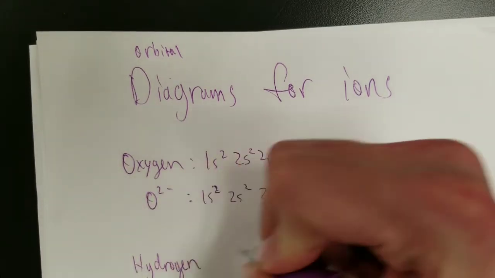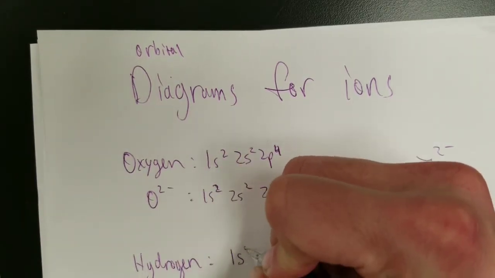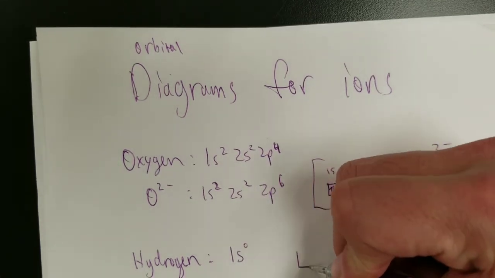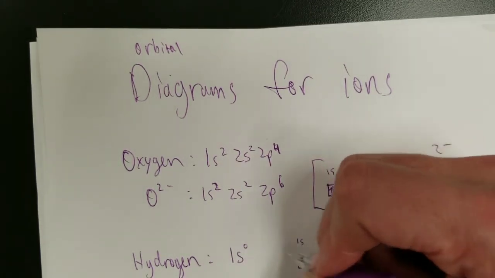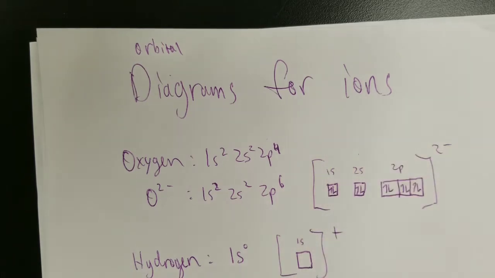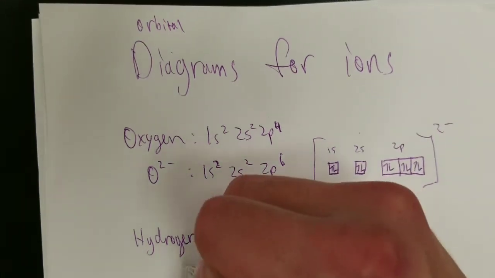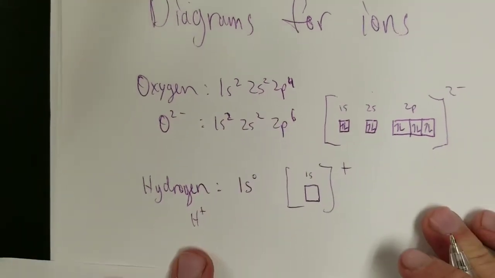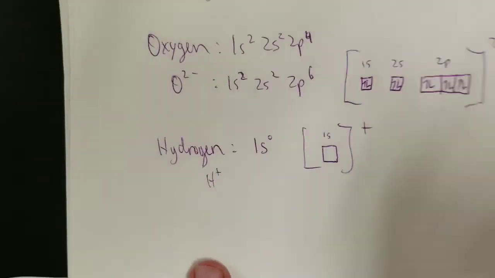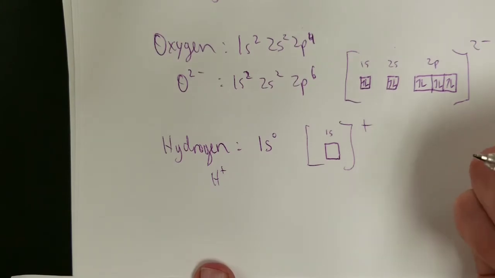Even lowly hydrogen with 1s0: you would literally write 1s, leave it blank, brackets, and a charge, because it's a hydrogen ion, a positive ion. So what do you do if it's big?